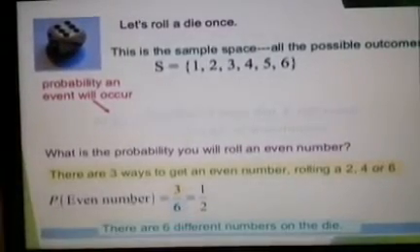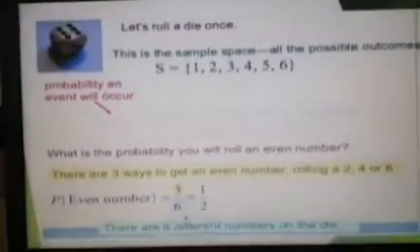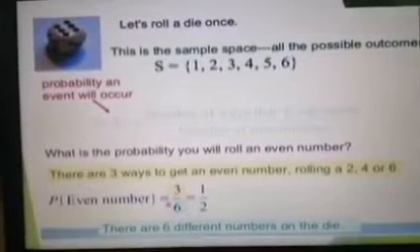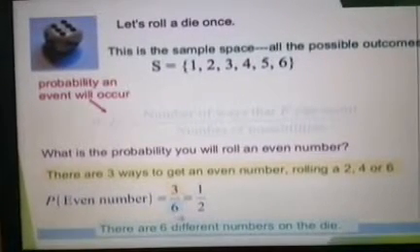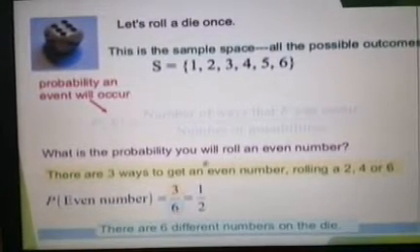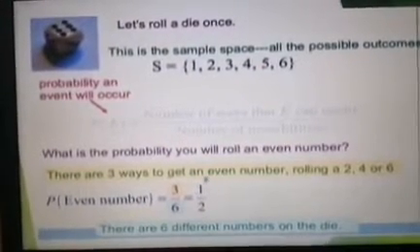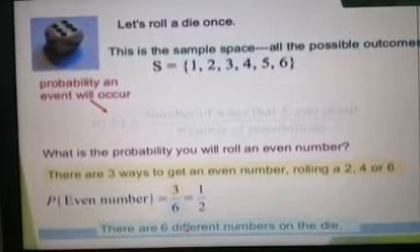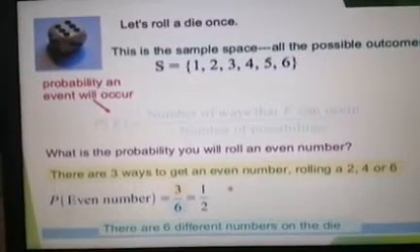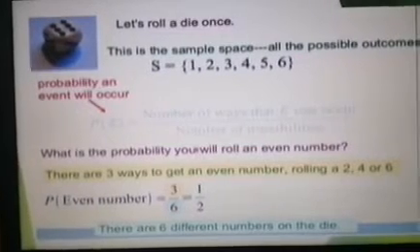P of even number will be equal to 3, right, divided by the total number of possibilities, which is 6. That's why it is 3 by 6, which is equal to 1 by 2. There are 6 different numbers on the die, so that is denoted by 6. So this is an example of it.